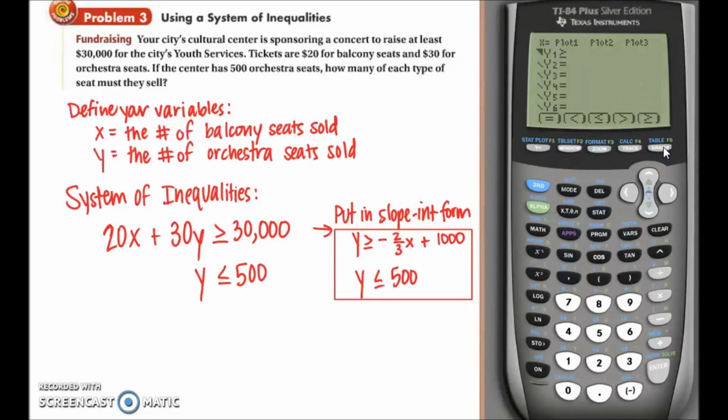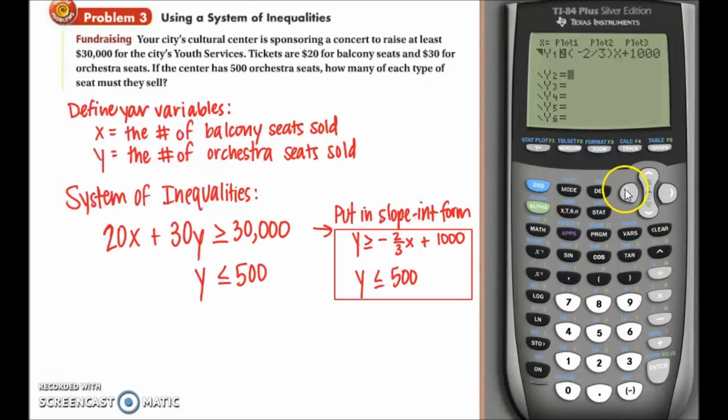And you can see that the equal sign now changed to a greater than or equal to symbol. And then you want to type in the fraction. My suggestion is to use parentheses when dealing with a fraction, and make sure you use the negative sign here instead of the subtraction symbol. So -2/3 x plus 1,000 is our first inequality.